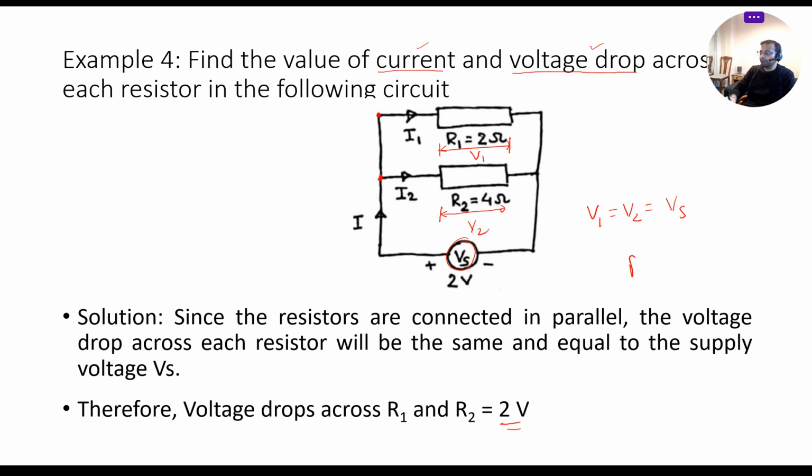Remember, in parallel, currents are different, but the voltage is the same, right? So you have this single voltage source, Vs, supply voltage, connected across both the resistors. So whatever is your supply voltage, the same will be the voltage drop across R1 and R2. Okay. So one part is solved here straight away.